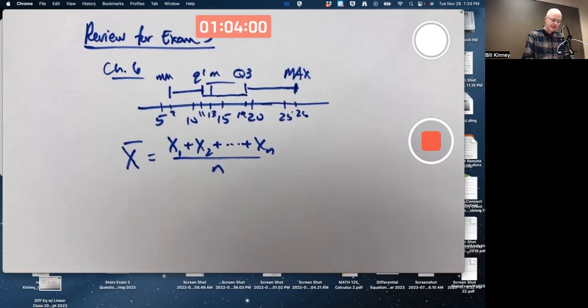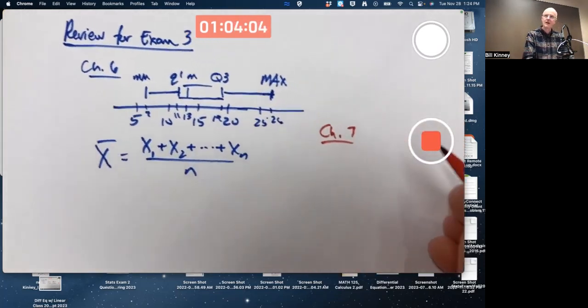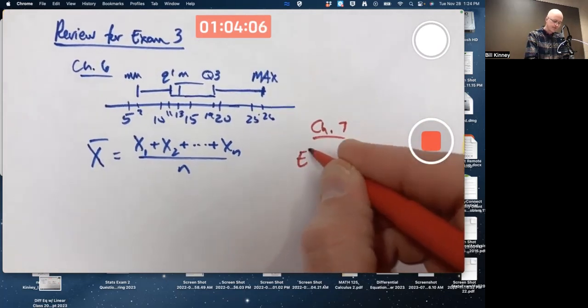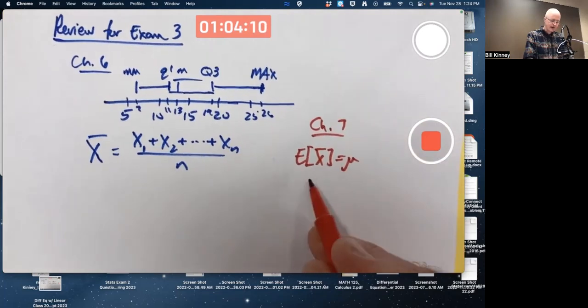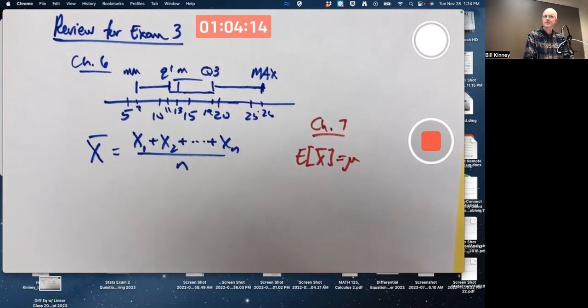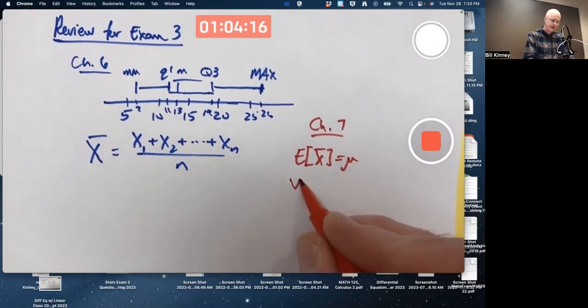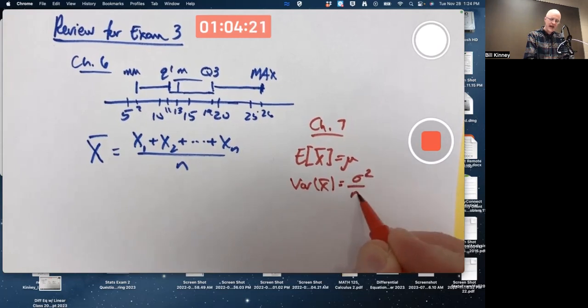And in chapter 7, we also learn it's an unbiased statistic, though I did mention that before we got to chapter 7. The mean of the mean is the mean. Expected value of X bar is mu. We also saw the variance of X bar was the population variance divided by n.